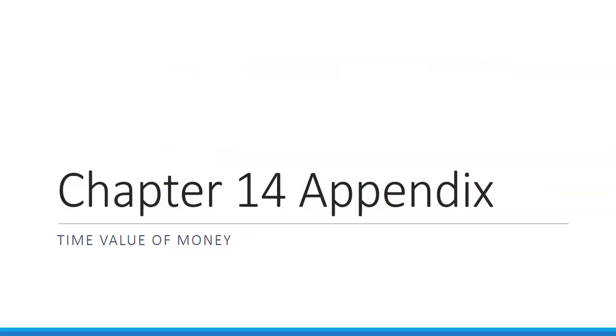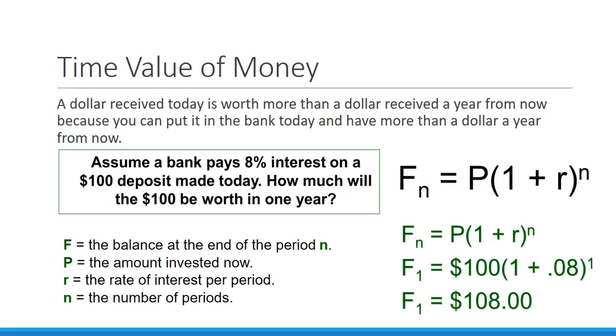Now we're going to talk about time value of money calculations and how we come up with those factors that we use. So in the appendix, we have the time value of money. So $1 received today is worth more than $1 received a year from now because we can put it in the bank and earn interest on it. So the calculation for the future value of money is based on the interest rate and how long it's going to be deposited.